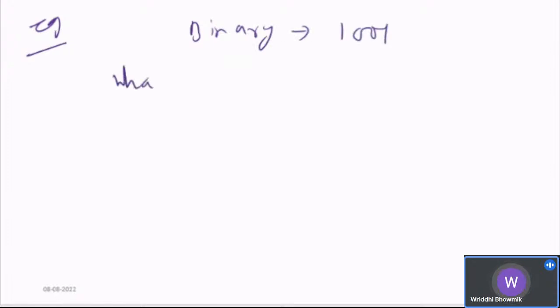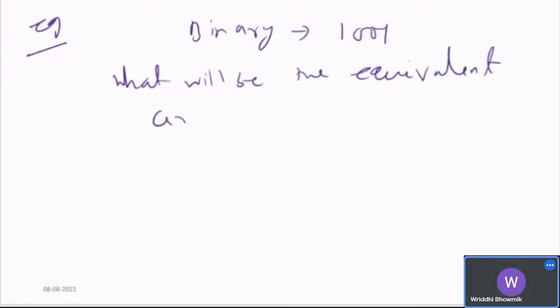Now, another example. If you have in binary 1001, what will be the equivalent?